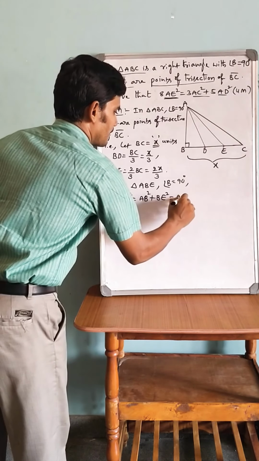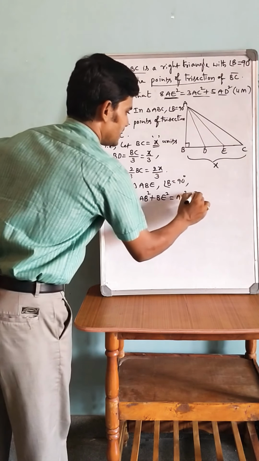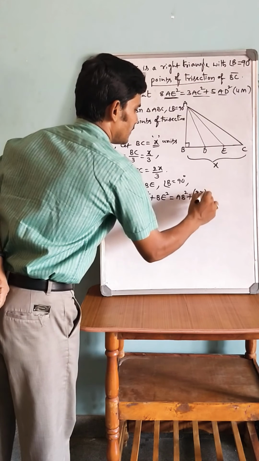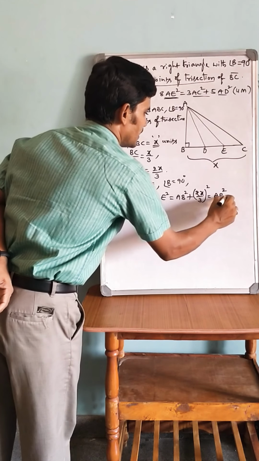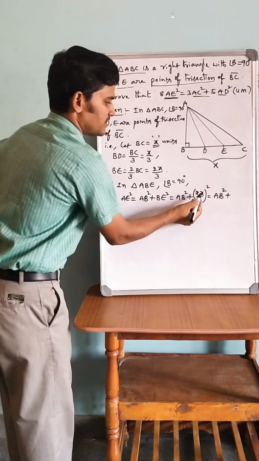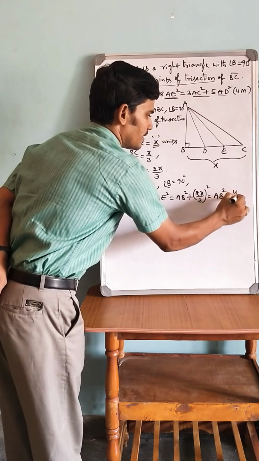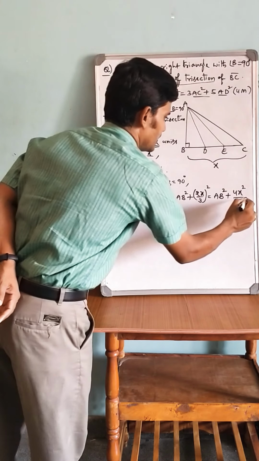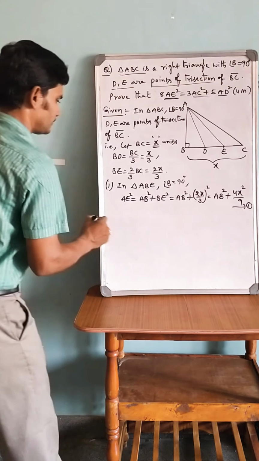BE means 2x by 3, so AE square is AB square plus (2x by 3) whole square, which equals AB square plus 4x square by 9. Let it be equation 1.